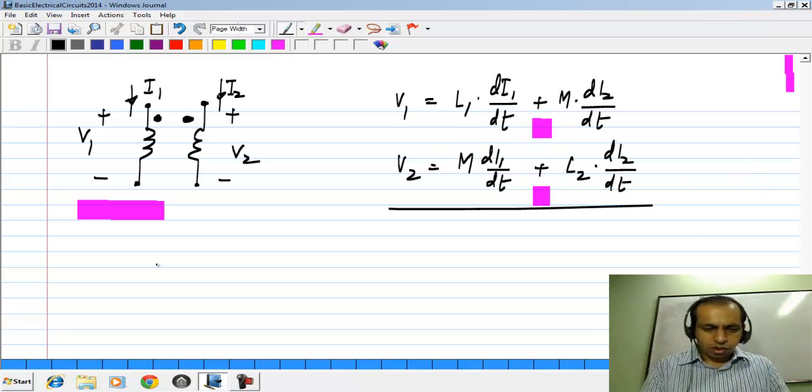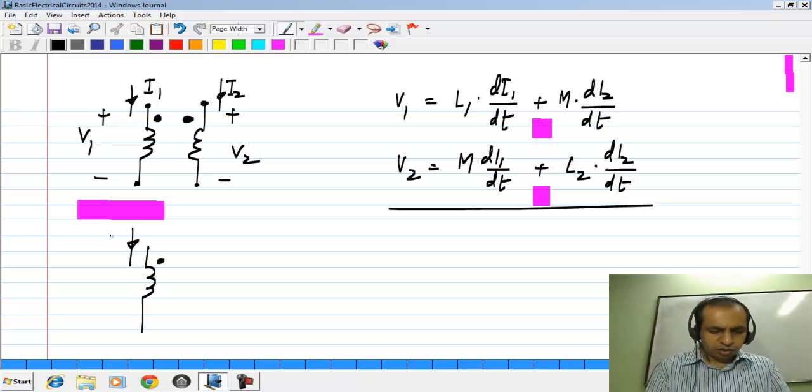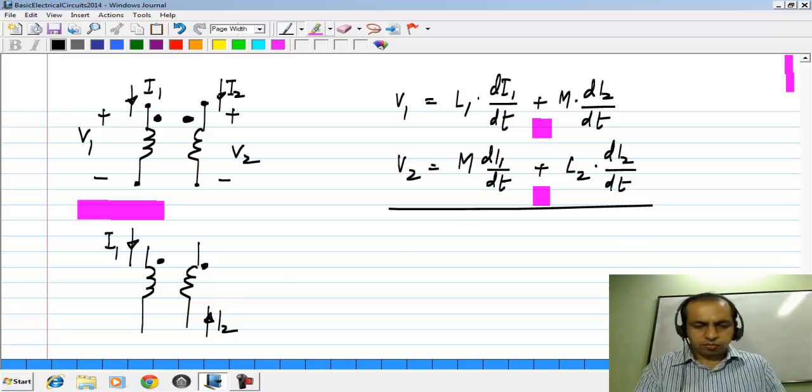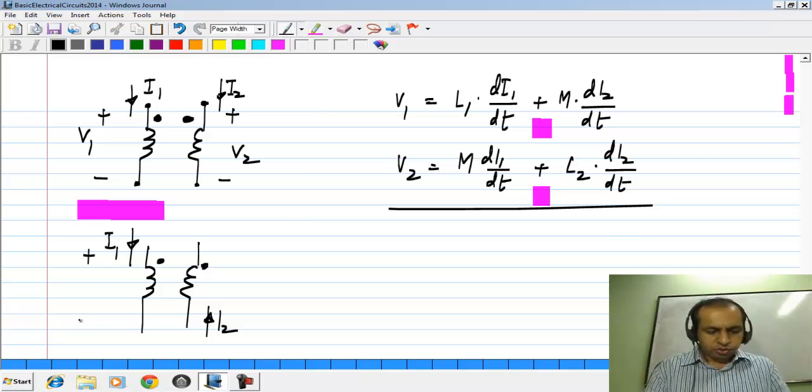If for whatever reason you choose to consider I1 flowing into the dot, and I2 flowing into the terminal without the dot, then of course you have to choose voltages consistent with the passive sign convention.